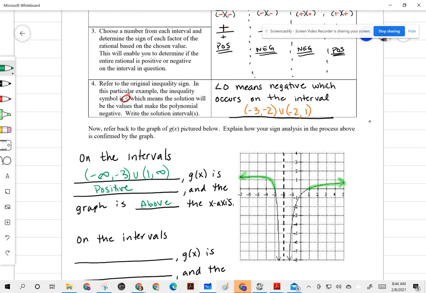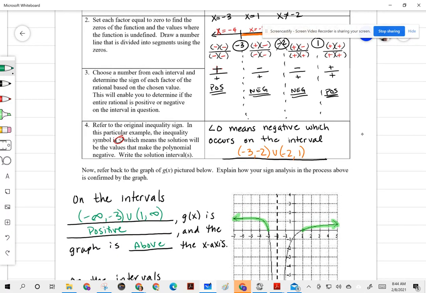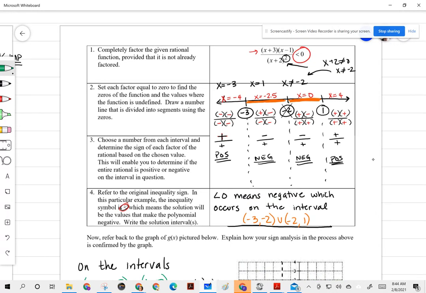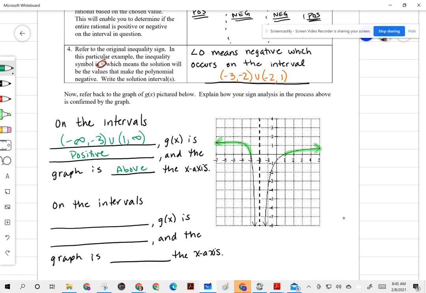Boy, my computer is really slow. Sorry for the lagginess. So let's just take a look on our number line. We had -infinity to -3, and then from 1 to infinity. And that's the green portion.